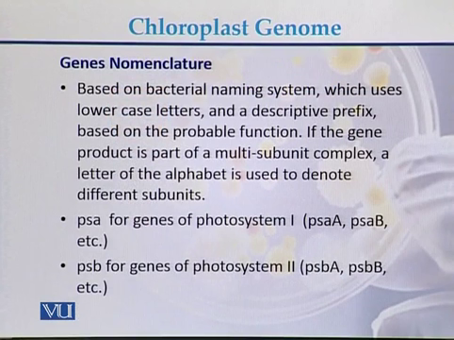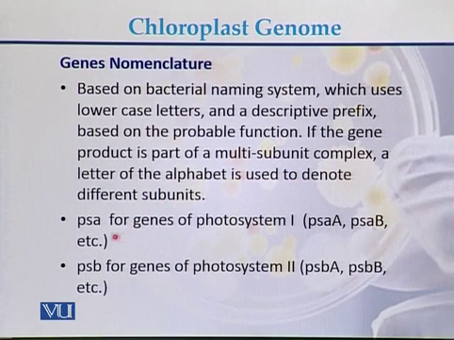There is a specific nomenclature used for genes present on the chloroplast genome, based on the bacterial naming system, which uses lower case letters and a descriptive prefix based on the probable function. If the gene product is part of a multi-subunit complex, a letter of the alphabet is used to denote different subunits.